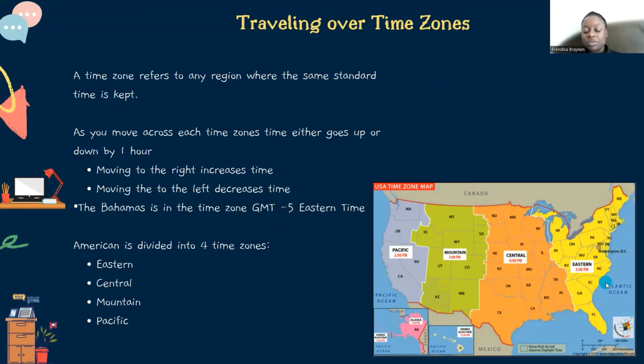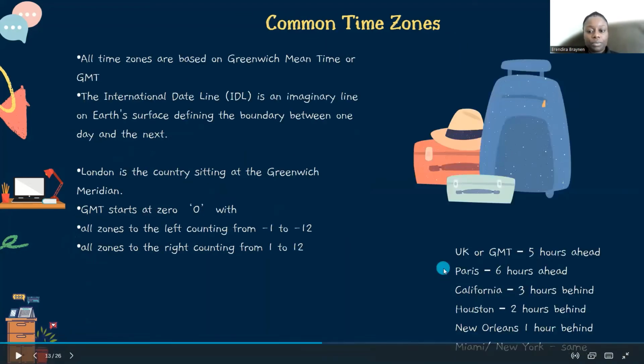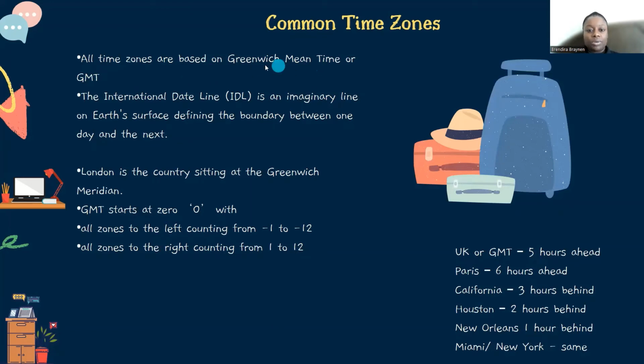Oftentimes they like to ask for specific time zones. They like to use California, maybe sometimes New York, and Canada. Parts of Canada are aligned with us. Pacific is California. Just be kind of familiar with these things here as well. Common time zones. All time zones, like I said, are based on Greenwich Mean Time, or GMT.